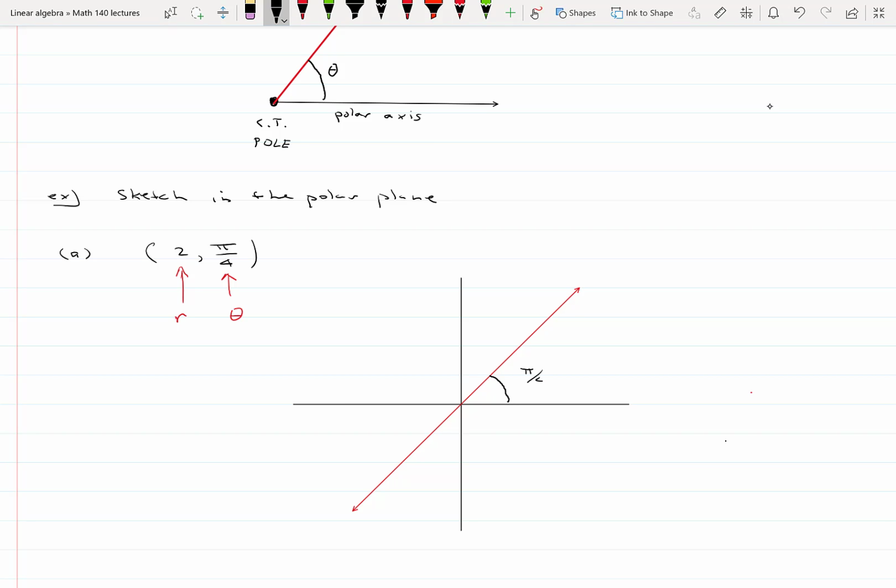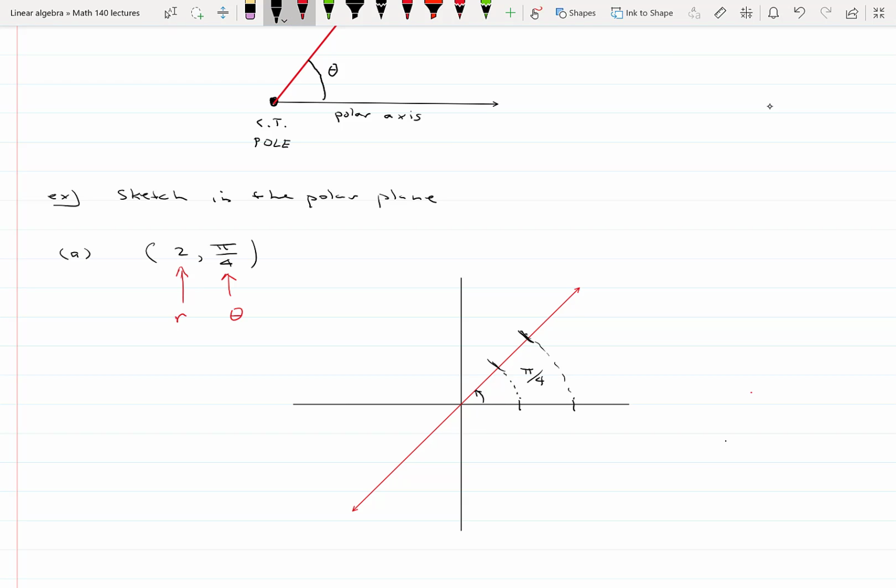If I were on the unrotated x-axis, this might be x equals 1. This might be x equals 2. Let me move my angle over a little bit. Here's the angle of pi over 4. So on my rotated x-axis, here's 1, and here's 2. So I move 2 units, positive 2 units, along that rotated x-axis right here.